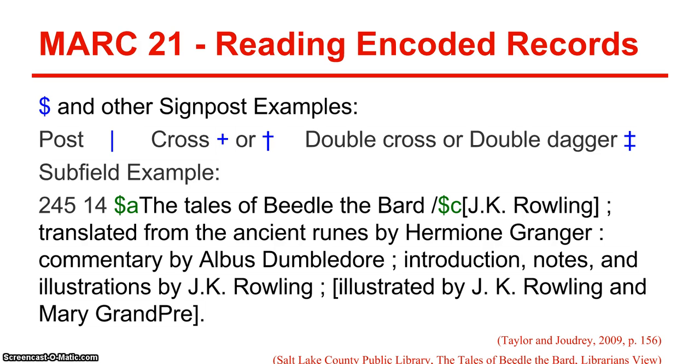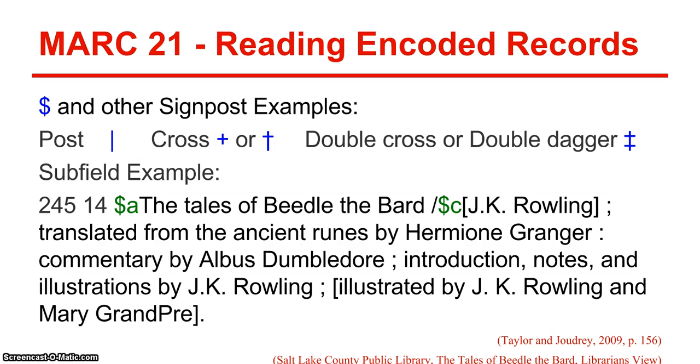This is a throwback to the physical card catalog. The 4 indicates the machine needs to skip 4 spaces to find the first word in the title that is not an article. The title begins after the space. The information after the signpost and lowercase a is the title. If there were a signpost and lowercase b, that would indicate a subtitle.